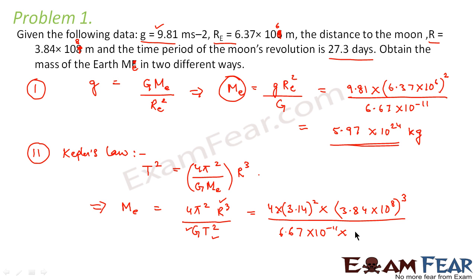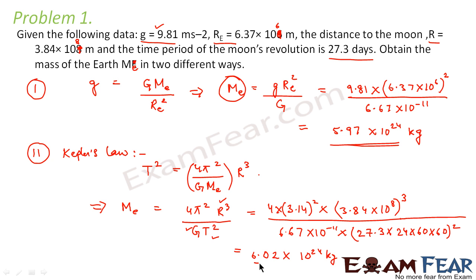Me, that is mass of the earth, is something which we are evaluating, right? So it is T square. So T is 27.3 days. So 27.3 into 24 into 60 into 60. So this is in seconds. So this square. Now you calculate this value. The mass of the earth comes out to be 6.02 into 10 to the power 24 kgs.